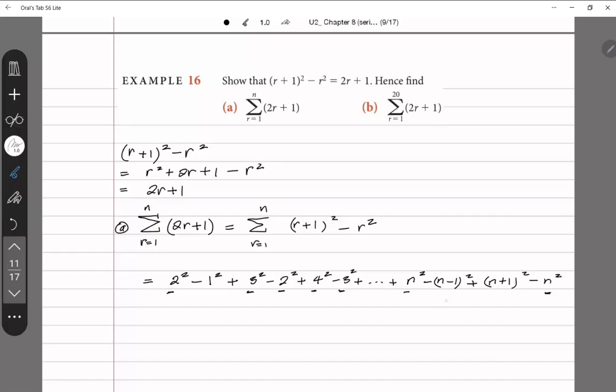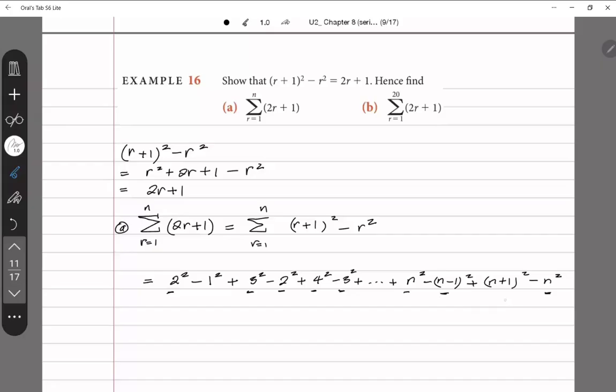So once you have a term, this term would also be cancelled by the term 2 before it, so this would disappear as well. Now, n squared is already there.